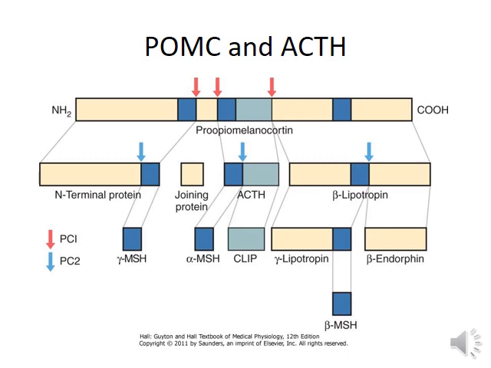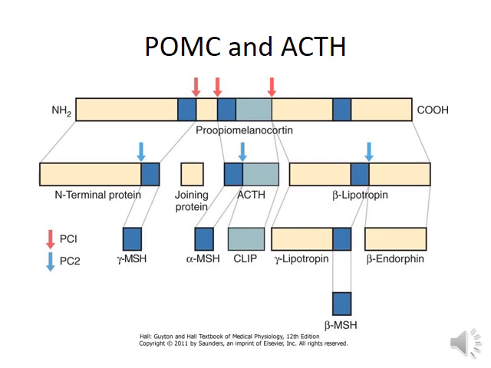We have two different enzymes that cut it at different sites. One of these enzymes, which is in red color in this figure, is PC1. PC1 is acting in the hypophysis, but the other, blue one, PC2, is working in the hypothalamus. So in the area of the hypophysis, PC1 cuts it to create ACTH, joining protein, N-terminal, and beta lipoprotein.